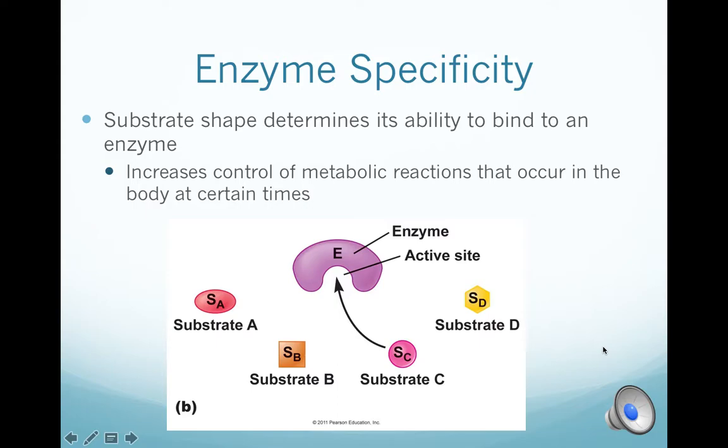Enzymes are very specific. We call this concept enzyme specificity. The substrate shape determines its ability to bind an enzyme. So for example, down here we have 4 different substrates.